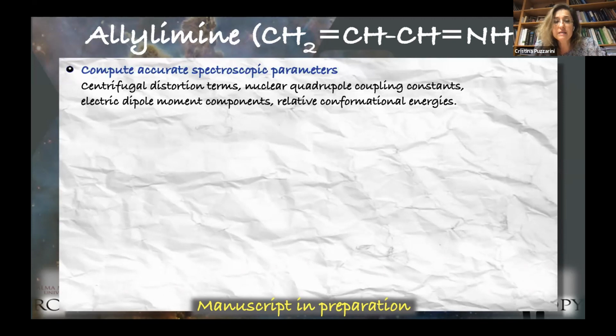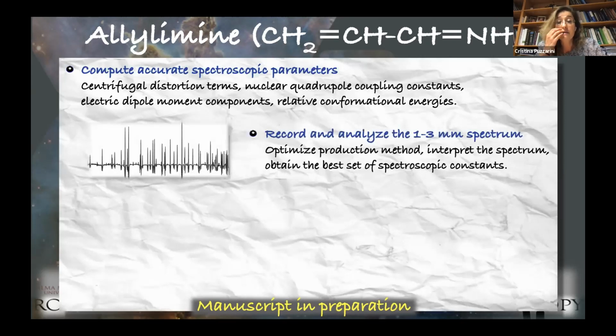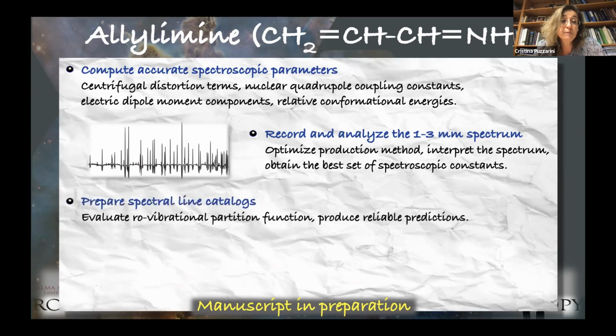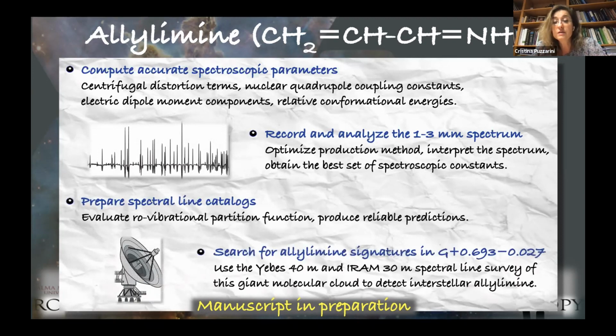In this specific case, there was some knowledge about the rotational constant, but still we needed accurate information on the dipole moment components, the energetics, centrifugal distortion constants, nuclear quadrupole coupling constants. Then we recorded and analyzed one to three millimeter wave spectrum to prepare a line list and proceed to the search in a specific nebula.